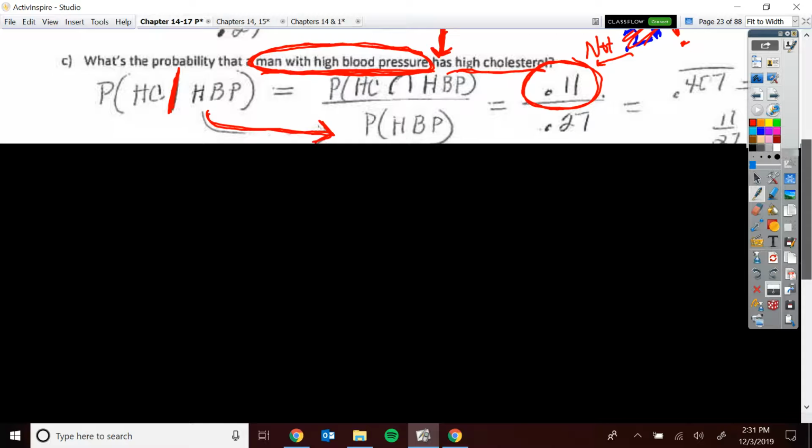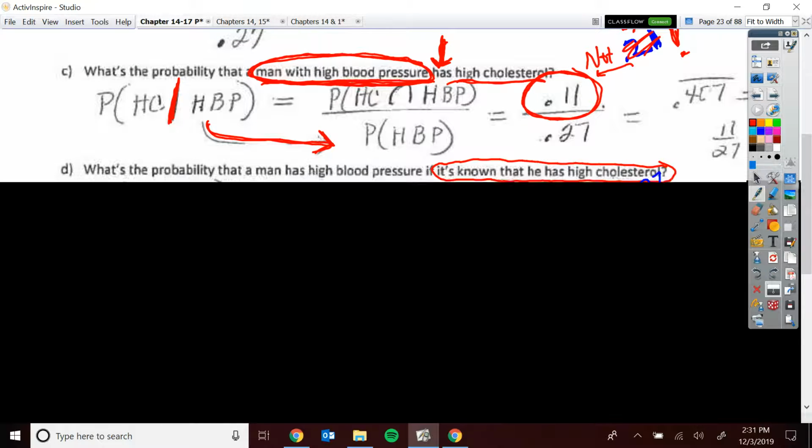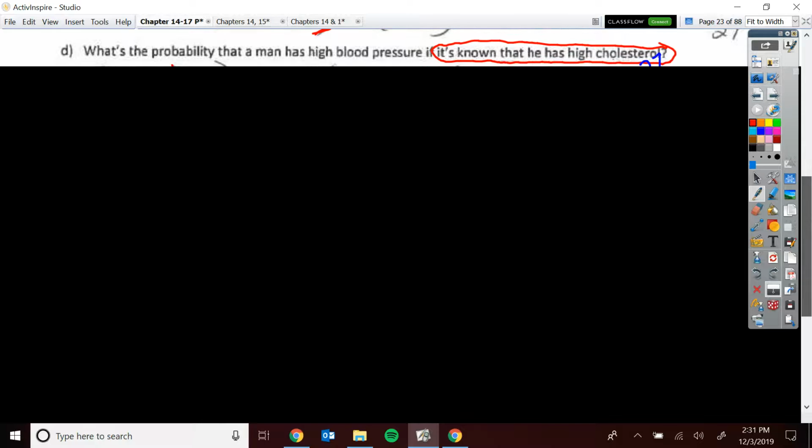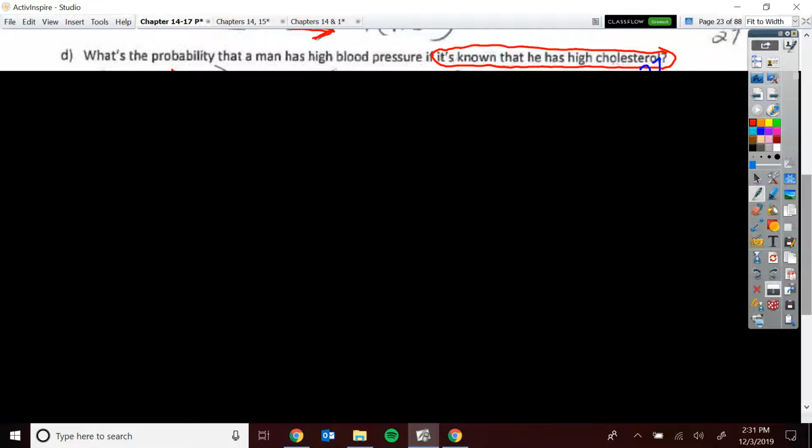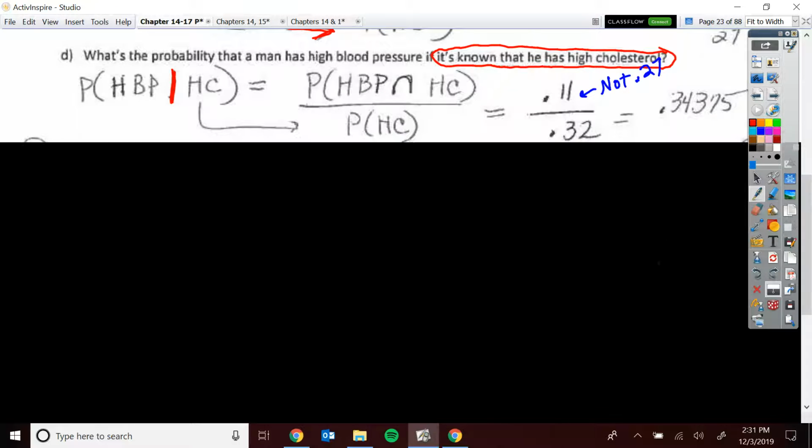All right, let's look at the next one. This one says, what's the probability that a man has high blood pressure if it is known that he has high cholesterol? So his trait is what? This guy is a high cholesterol person. So that's the denominator. That's the pool of people I am picking from. So the 32% who have high cholesterol.